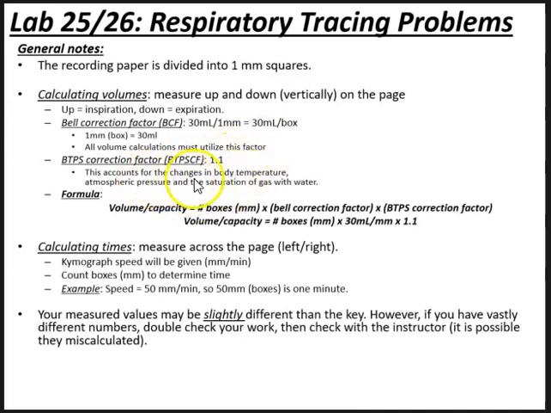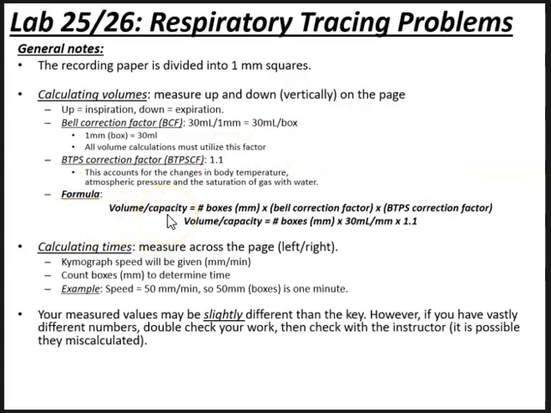Again, this accounts for the changes in body temperature, atmospheric pressure, and the saturation of gas with water. Once we are able to measure our capacities in millimeters by the number of boxes, we plug in all these correction factors to get the volume or the capacity using this formula.